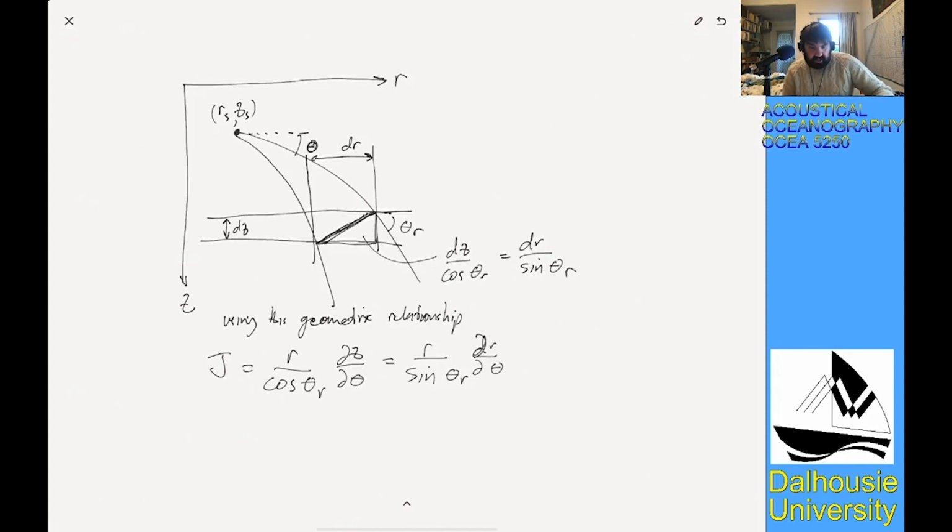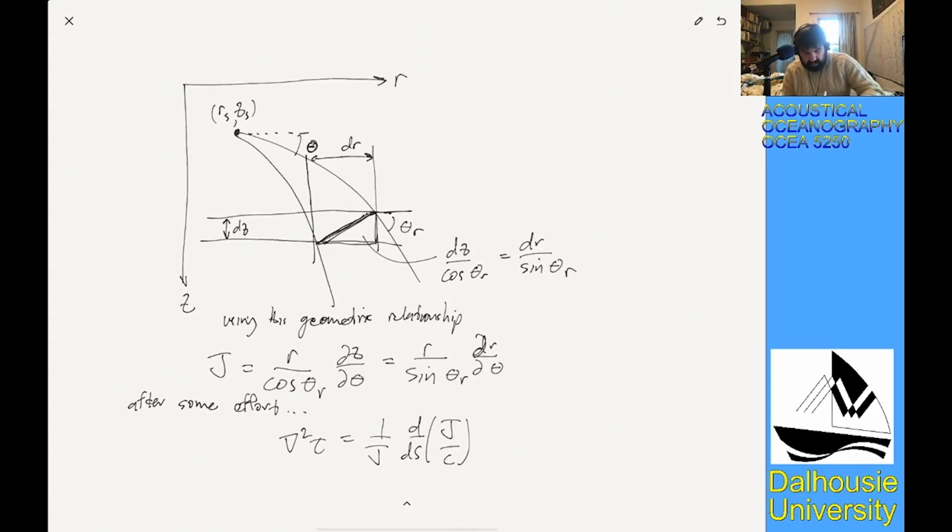So we can use this relationship, and after some effort, we can wind up with del squared tau equals 1 over J d/ds of J over c.